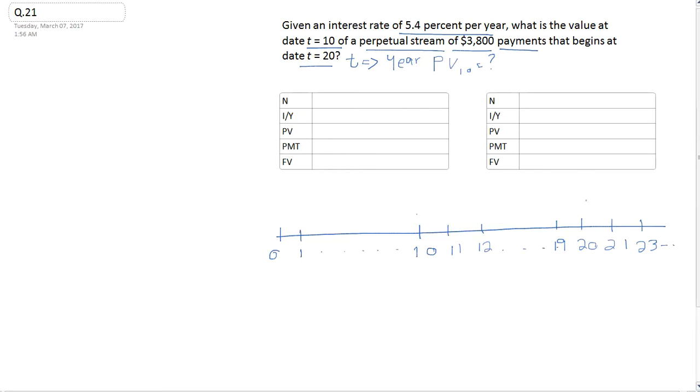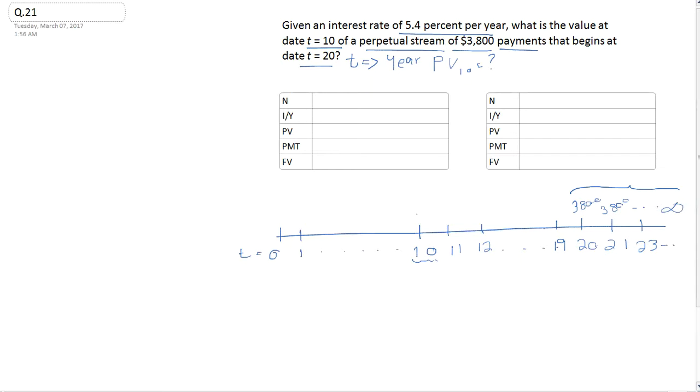The payment start at t equal to 20, so 3,800 start here, and let's go to infinity because it's perpetuity. And this is where we need to find the present value of all this stream of cash flow.